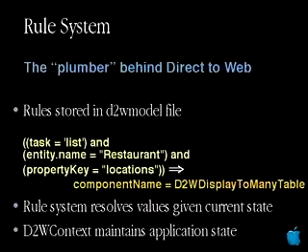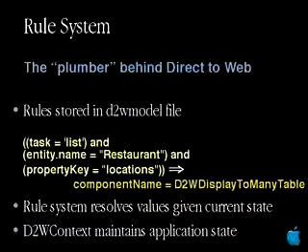Now, how does a page know what to do with itself at runtime? How does the rule information get translated into something meaningful? As we saw, rules are stored in a file in text format. For example, here we're looking at this rule. This is very similar to what we saw in the demo. If we're listing a restaurant's locations, then we want to use the display to many table, right? So that's a text file.